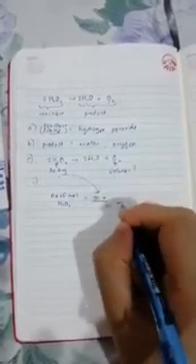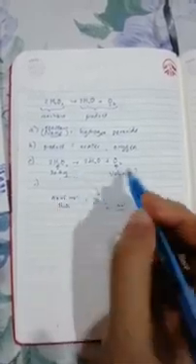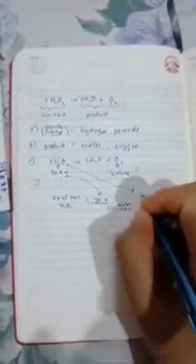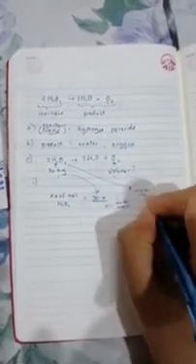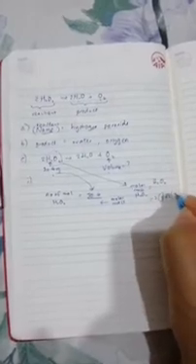So how much is the molar mass for hydrogen peroxide? How do we calculate? We take H2O2: 2 hydrogen plus 2 oxygen.